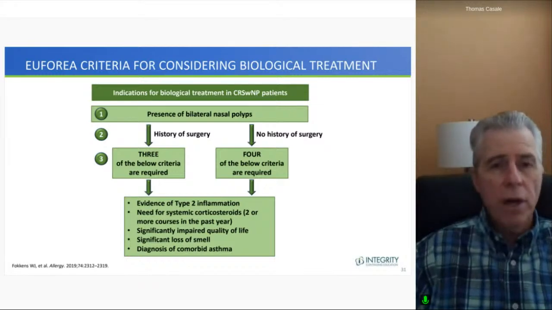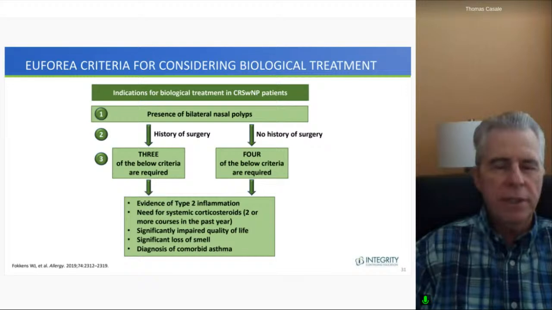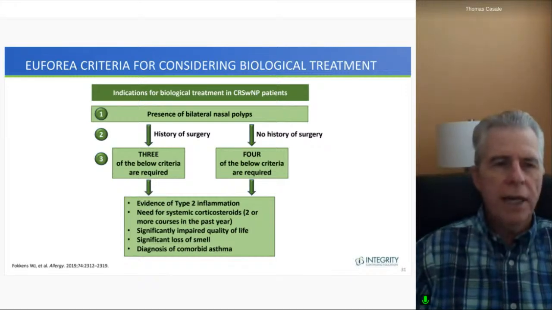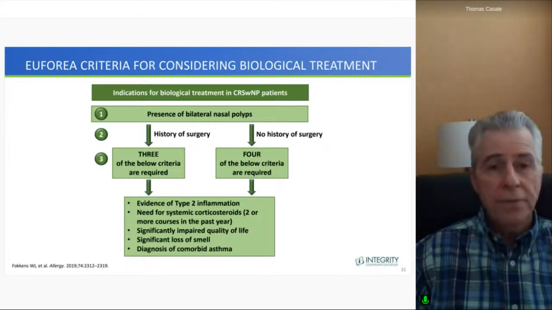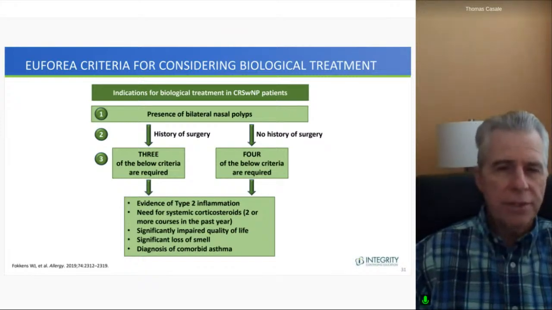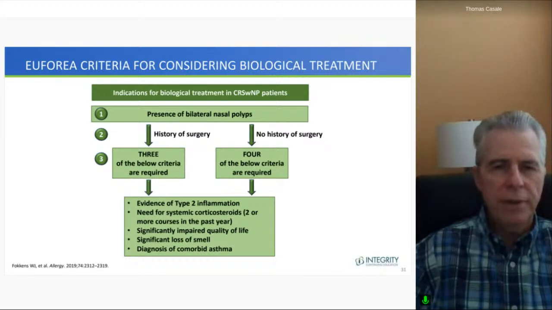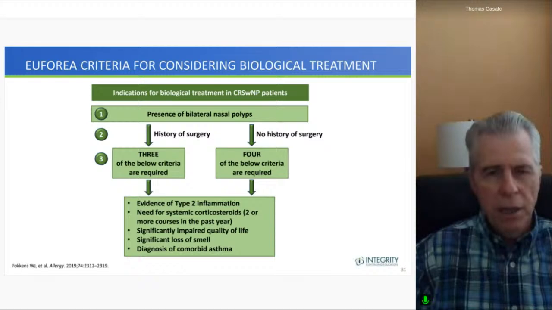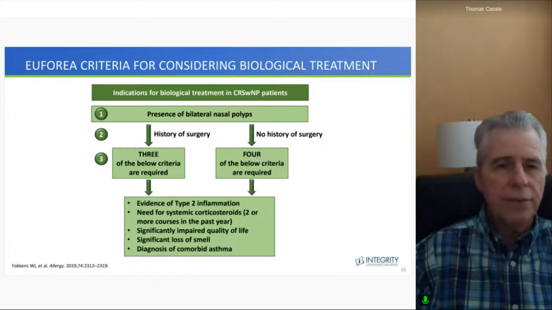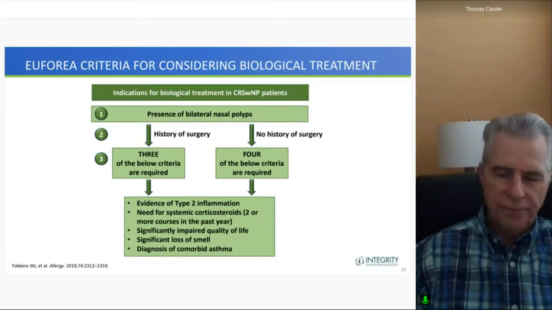And that is, number 1, evidence of type 2 inflammation, because again, all these biologics are targeted for type 2 inflammation. The need for systemic corticosteroids, specifically 2 or more courses in the past year, impaired quality of life, smell, and the diagnosis of comorbid asthma.